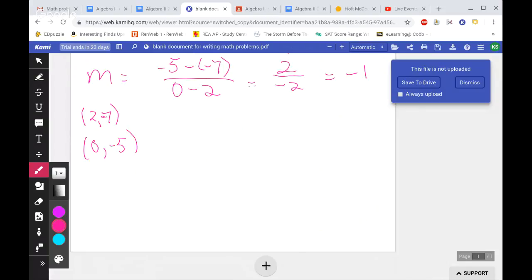Which is it? Is it -7 or -5 as the y-intercept? Which one has the 0 for the x coordinate?